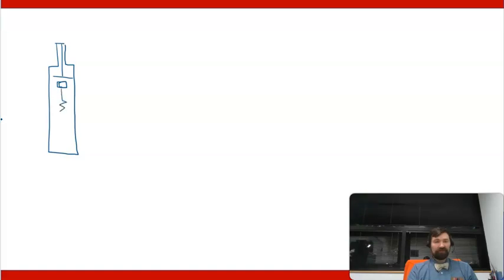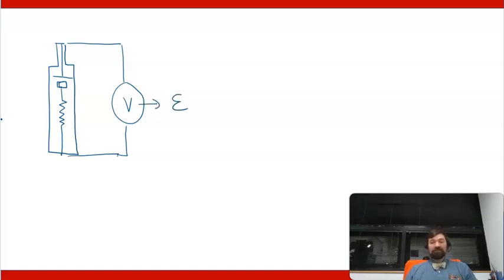And then I have some internal resistance in here. If I were to take a voltmeter and just measure like this without any load resistance attached, this one right here would be my EMF. So that's what your 1.5 volts are doing.